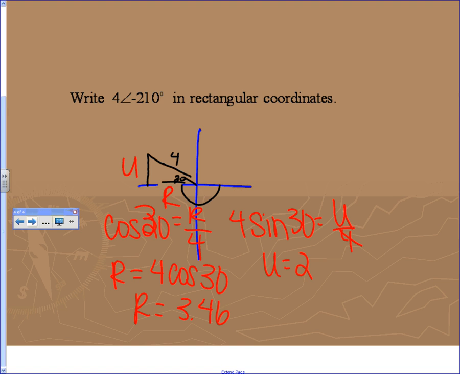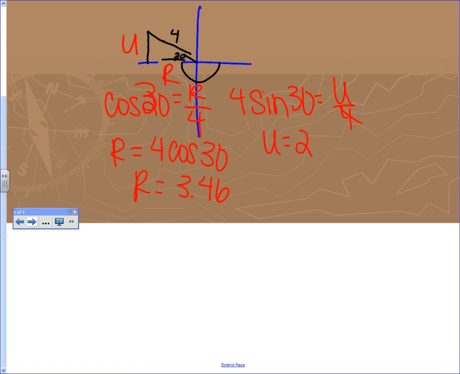So R. Which way are we going for R? So is it positive or negative? All right. So negative 3.46. And then U. Are we going up or down? So positive or negative? Do you see how that works? Any questions on that part?